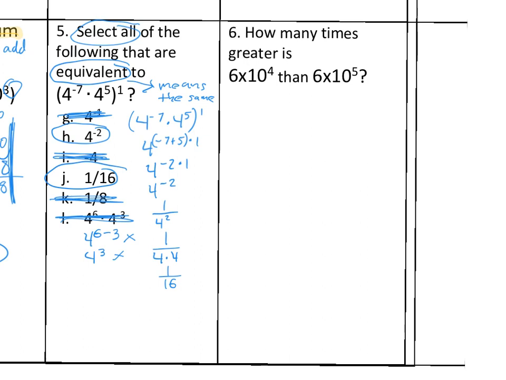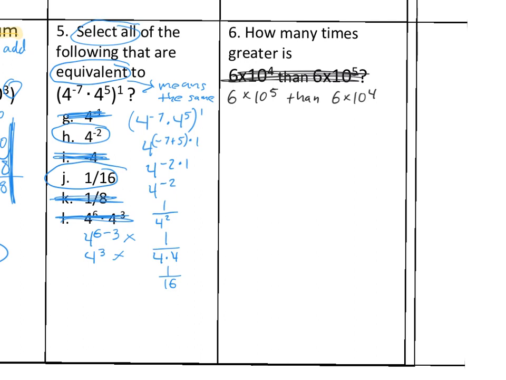In order for the first one to be greater, the exponent has to be larger than the second one, and it's not. So once again, we're going to go ahead and correct this problem. So go ahead and cross that out and change it to, basically switch it. So we got 6 times 10 to the 5th, then 6 times 10 to the 4th is how it should be written. It happens, but that's the way it should be written.